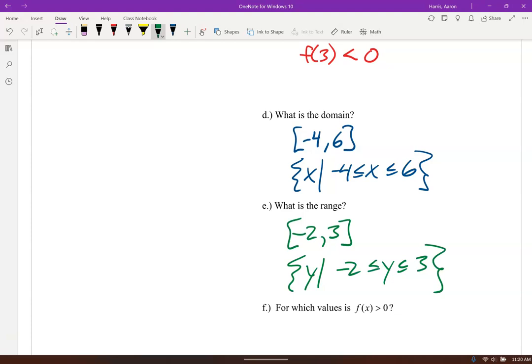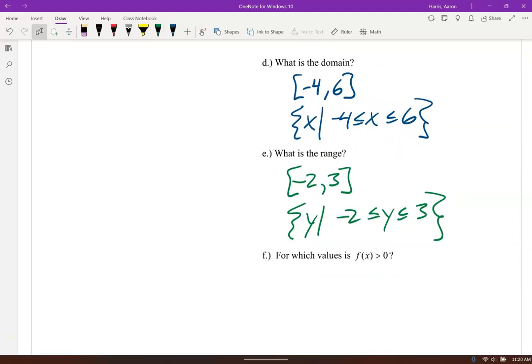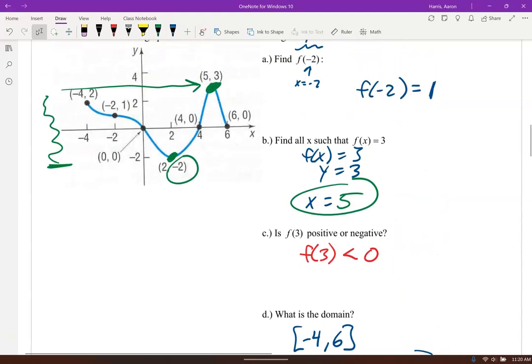And now let's answer this question. For which values is f of x positive, greater than 0? For which values is y positive? Let's go up here and look. Well, let me do it in red.